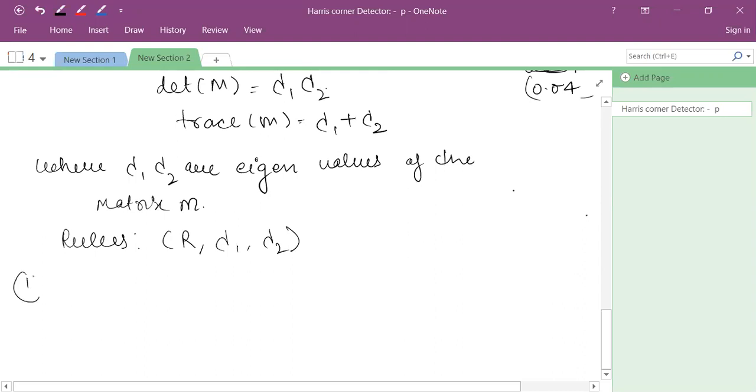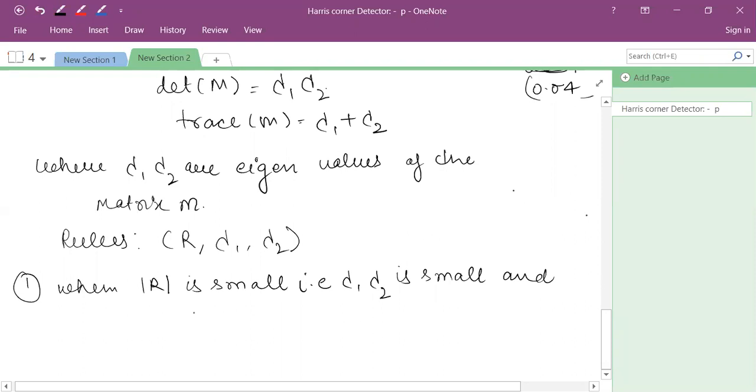So what is the first rule? When the computed R score value is small, this means lambda 1 and lambda 2 values are very small, and the region is flat.